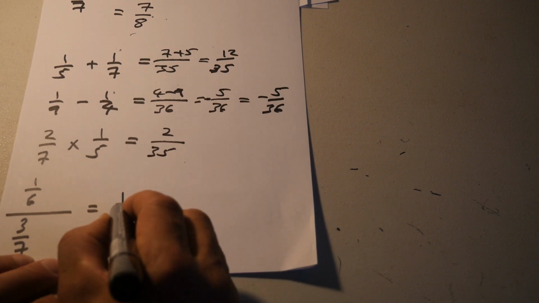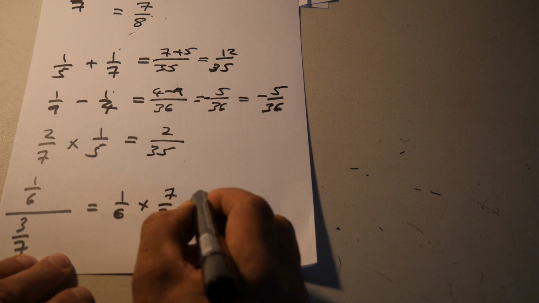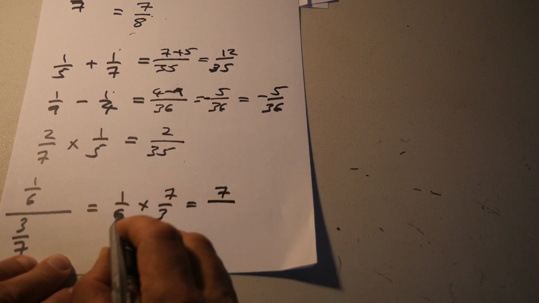And 1/6 times 7 over 3 equals 7 over 6 times 3 is 18.